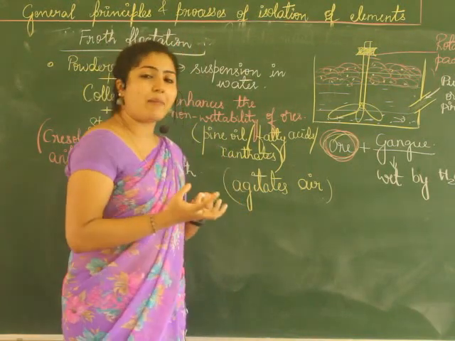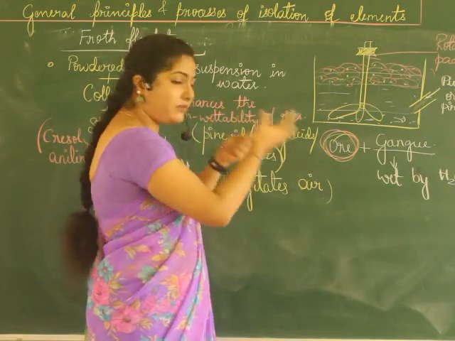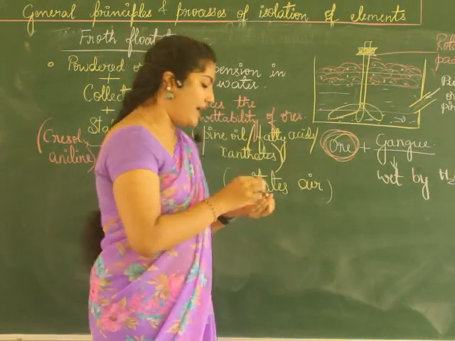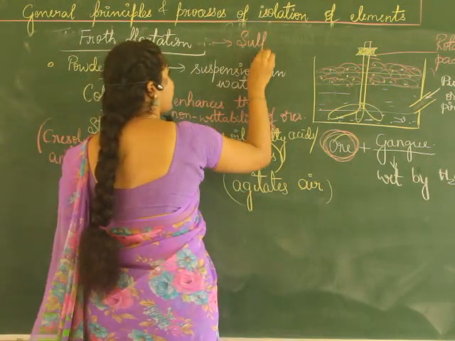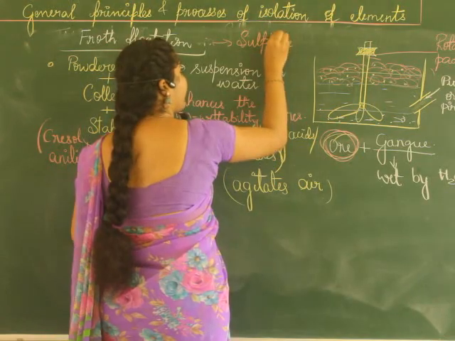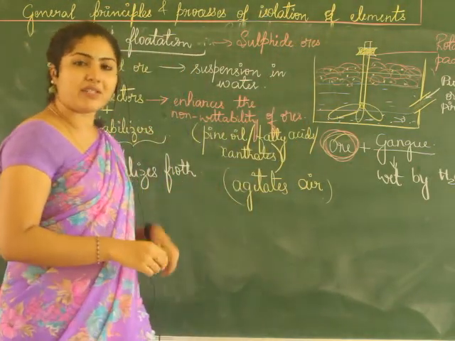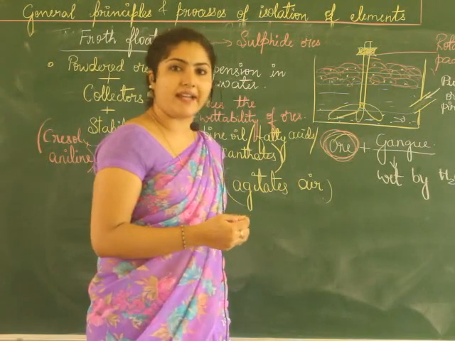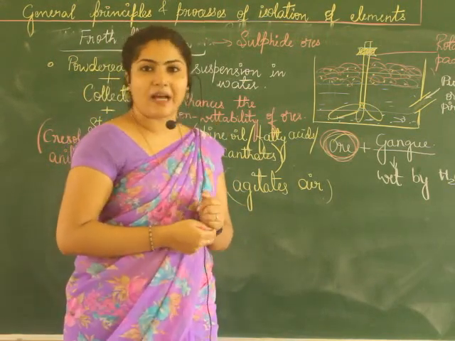Now for which type of ores can this particular method be applied? Remember, for sulfide ores, this method is applicable. Sulfide ores like lead sulfide, zinc sulfide, iron sulfide, this particular method can be applied.